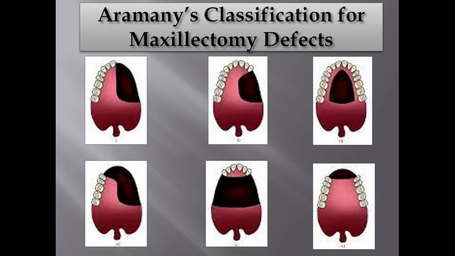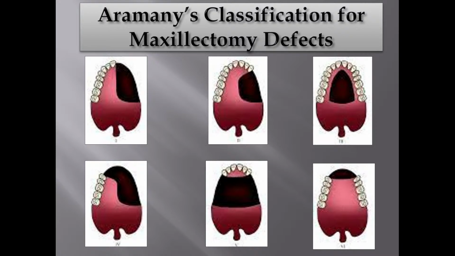Aramany presented a classification for maxillectomy defects in 1987. He divided the defects into 6 categories based upon the relationship between the defect and the abutment teeth. The classification is as follows.